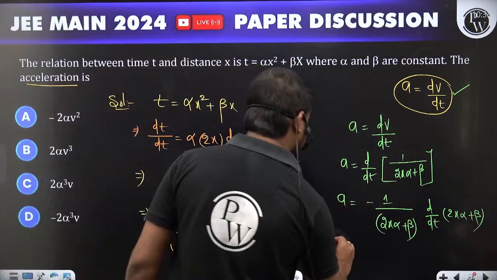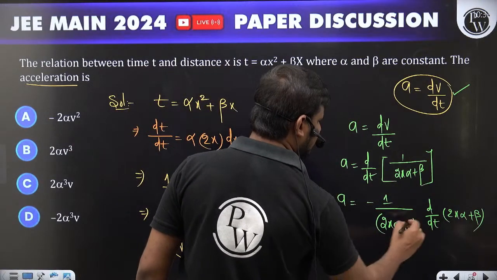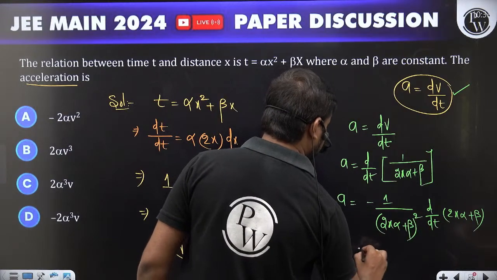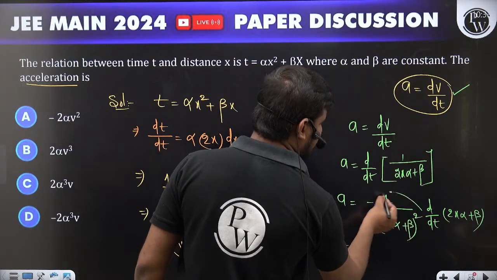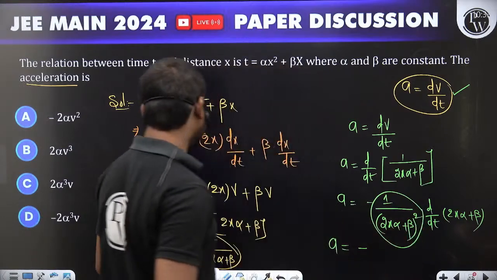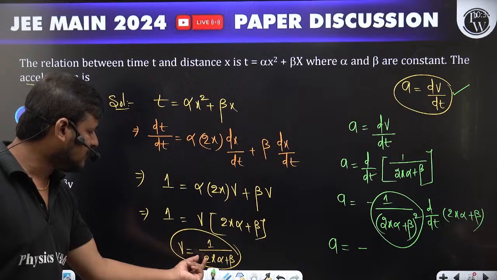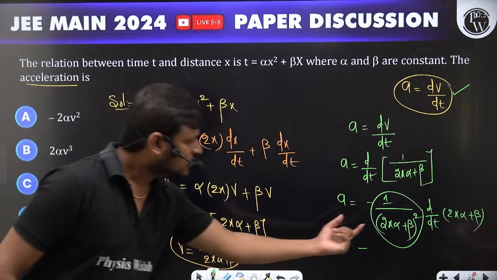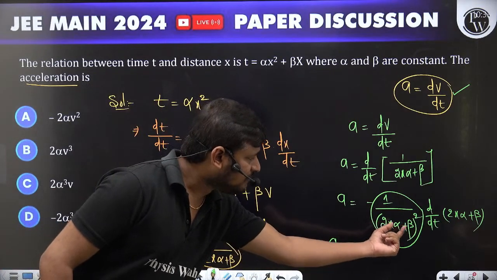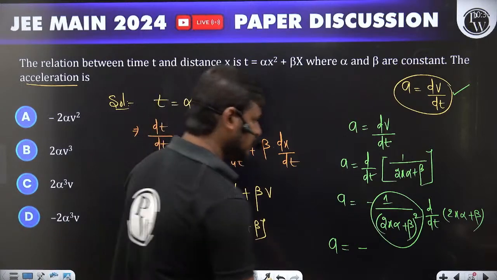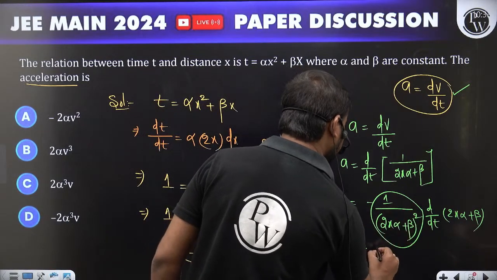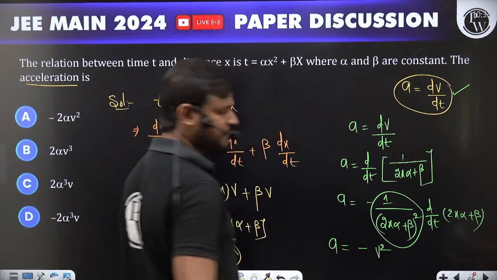So then minus, in place of this whole thing, I substitute v square, because v we got as 1 by 2x alpha plus beta.